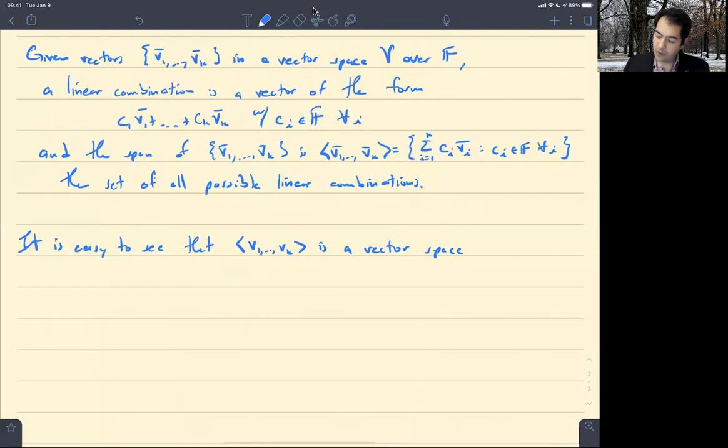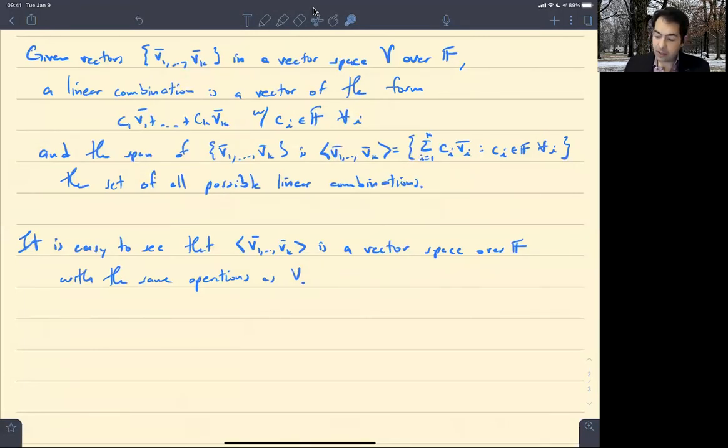So it's going to be a vector space over the same field with the same operations as V, right? So if I give you two elements of the span, so that's just two vectors in V that look like this with different coefficients, then you already know how to add them.